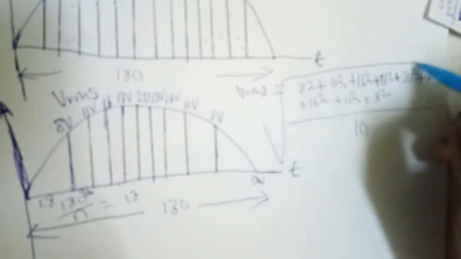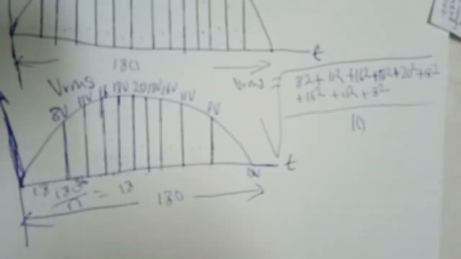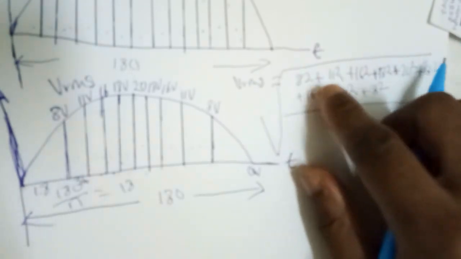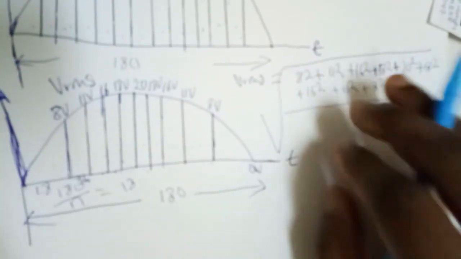Then you find the square root. This is how you get the voltage root mean squared.